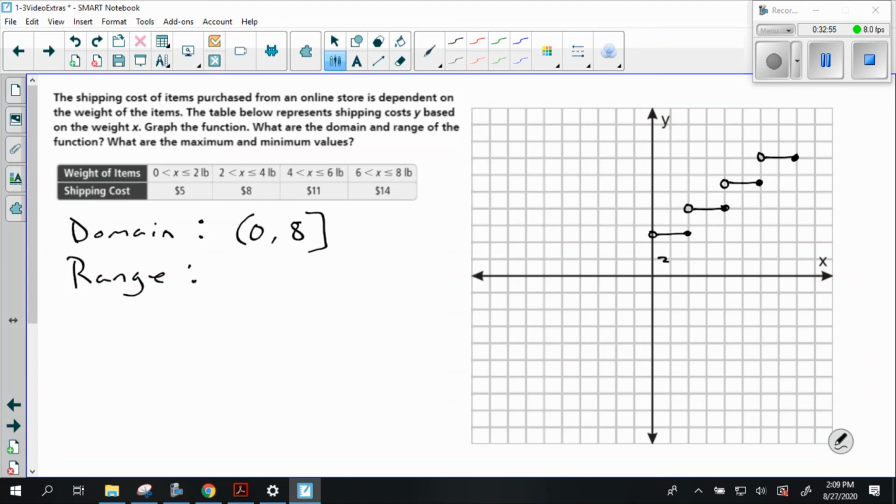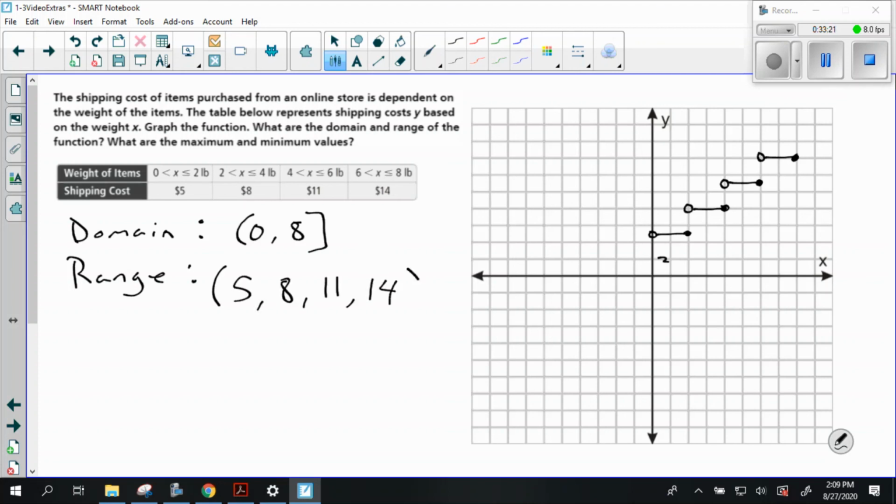All right, except that, can we really include them all? What do you think? I think we're just looking at a set of numbers, 5, 8, 11, right? There's no continuity in between them, because there's nothing in between.